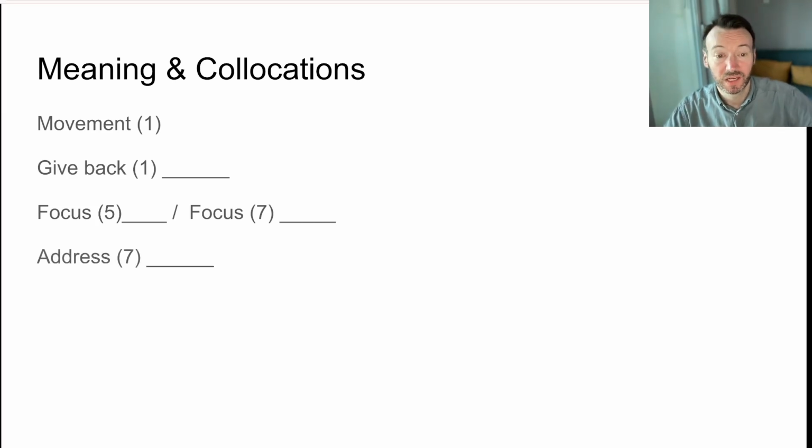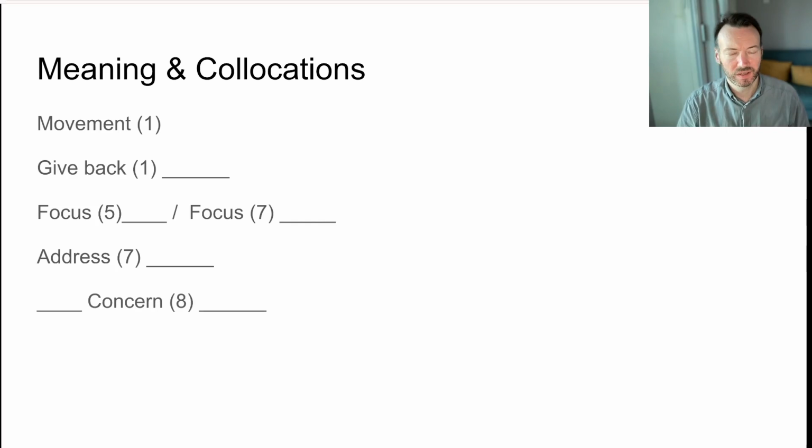We have address. Notice that this is a verb. We're not talking about address like a building number or your home address. This is a verb, so have a look at that in the context of the reading and think about what that means. Concern. Look at what words are connected to concern.